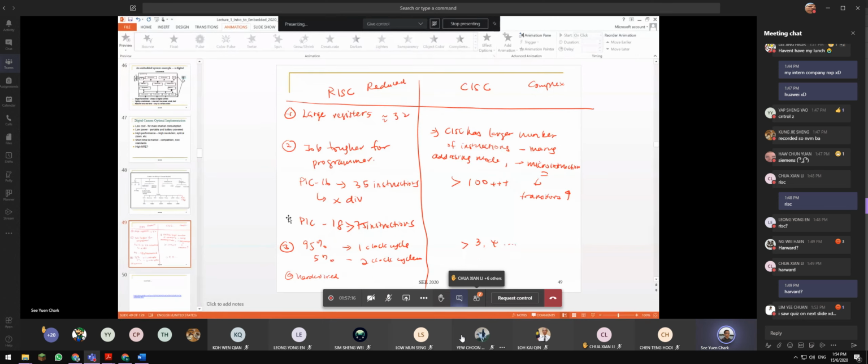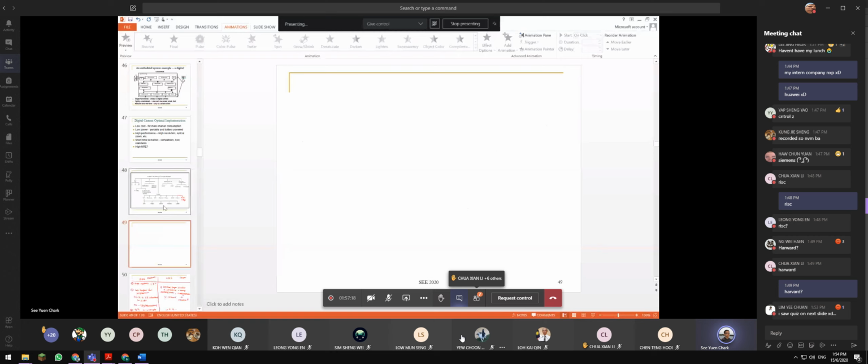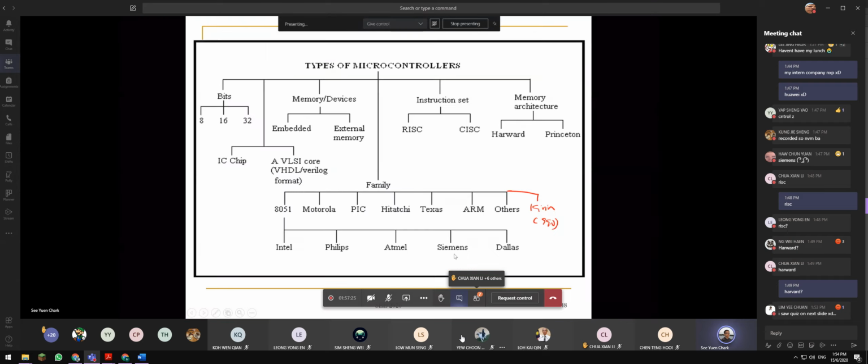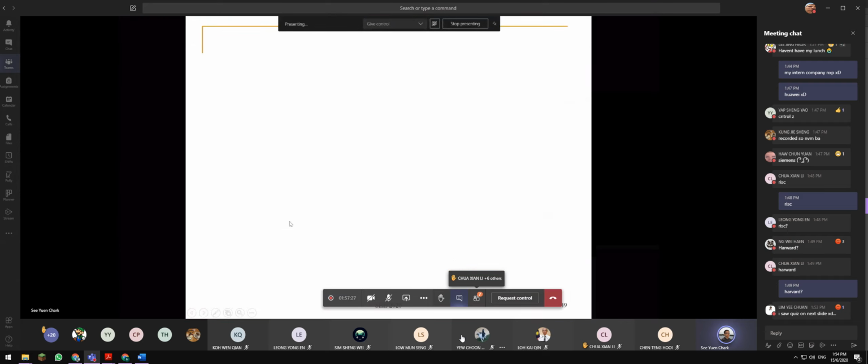We go to this, and then we talk about Harvard and Princeton architecture, which is quite straightforward. So Harvard architecture: when the CPU wants to store a program, it is normally divided into two sections. One is the program memory, one is the data memory.